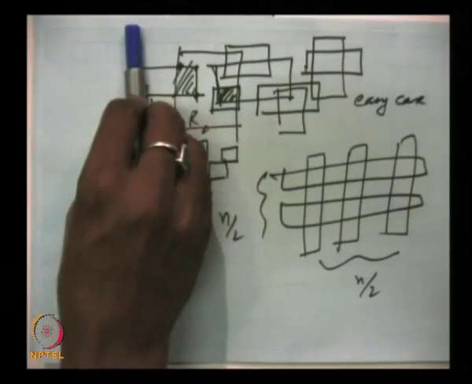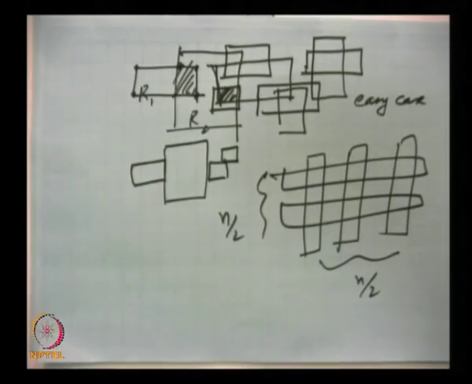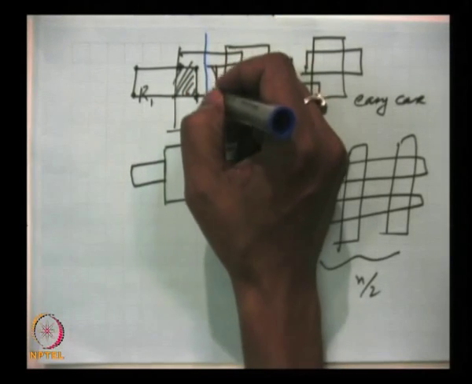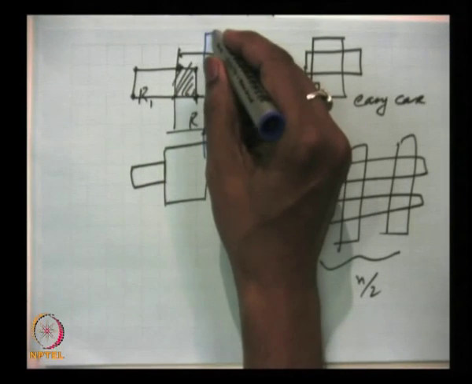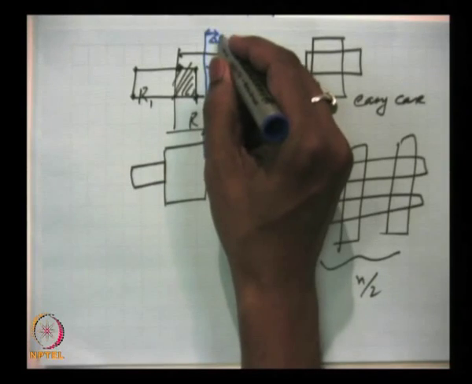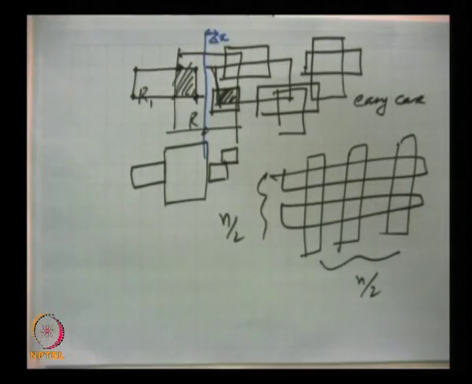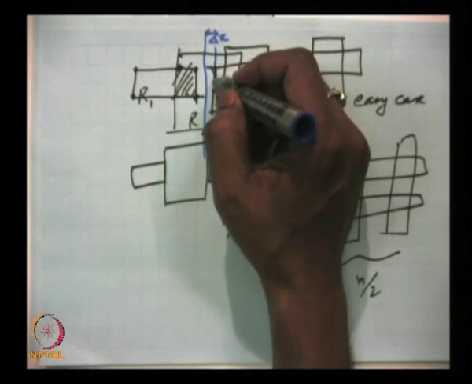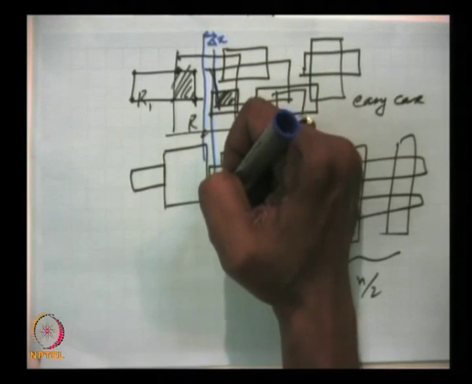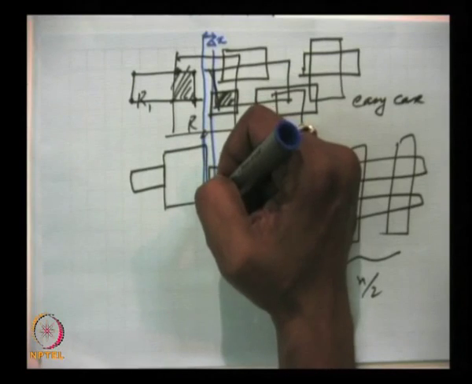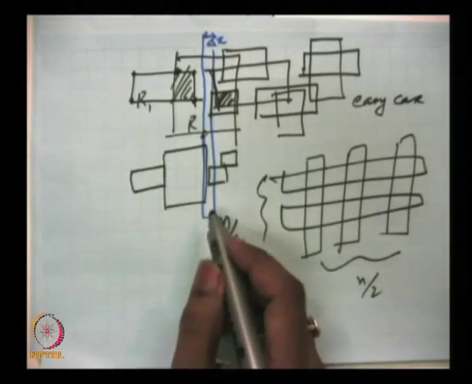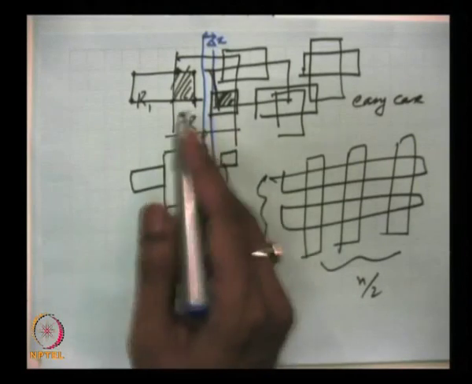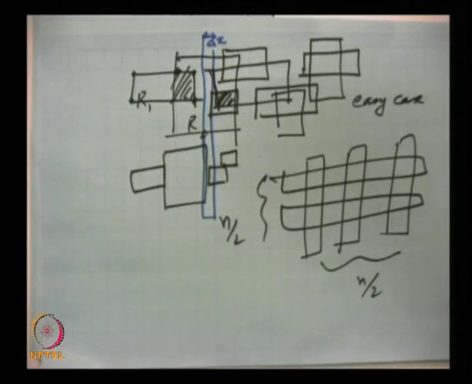As we sweep across, suppose my line is somewhere here. Suppose I move it by some infinitesimal delta x. So the question is, when I move it by delta x, how much area have I swept?